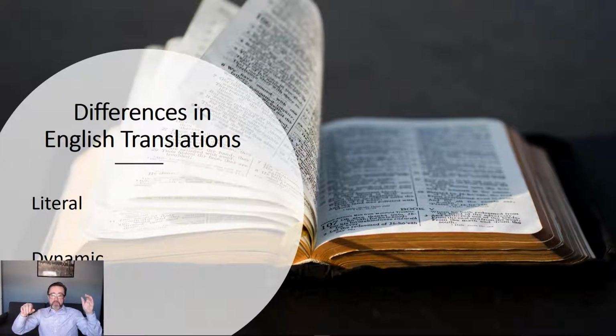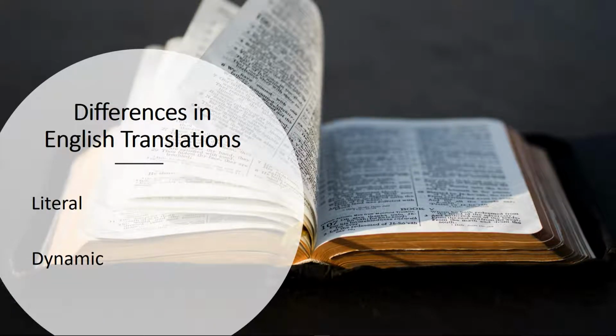On the other end of the continuum, you have a dynamic translation, which tries to take the thought of the verse or the passage and translate it into the same thought in our contemporary understanding. When you think about translations, all the translations fall somewhere within the literal or dynamic. Now, there are pros and cons to both, and so you have to make some choices.